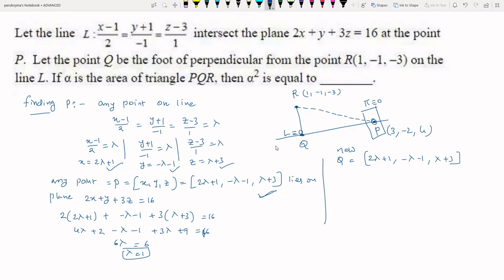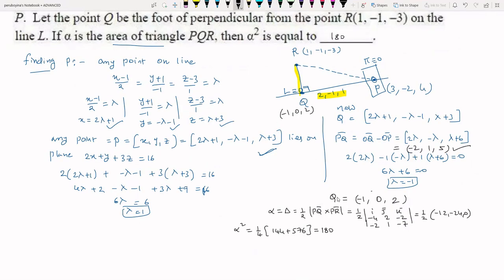And after getting lambda equal to minus 1, we will decide point Q, which is (minus 1, 0, 2). So substitute this lambda value minus 1 in the point Q. You will get (minus 1, 0, 2). And after that, we know all the values P, Q, R.